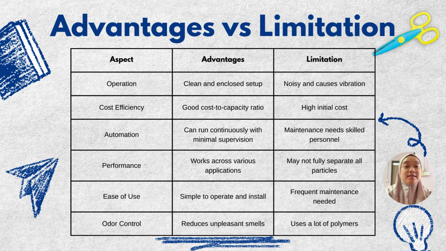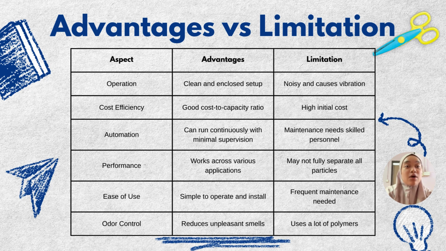Their performance is reliable for most applications, though they can struggle with very light or fine particles that are difficult to separate completely. Fifth, ease of use. One of the reasons centrifuges are so common is that they are generally easy to operate and simple to set up. However, like any equipment, they do require regular maintenance to keep everything running smoothly and to avoid downtime.